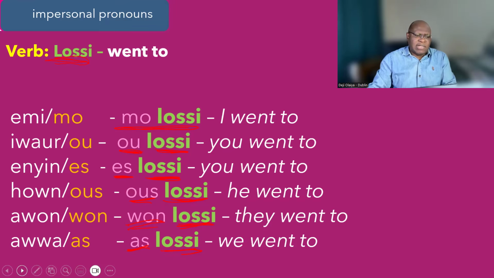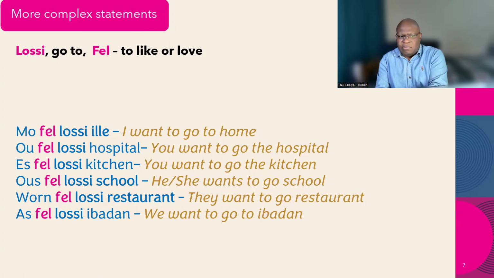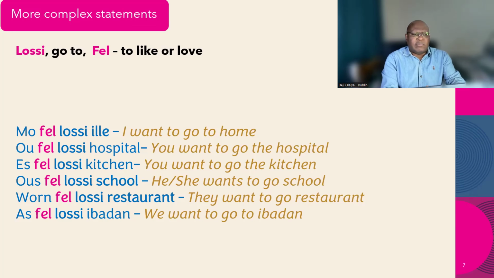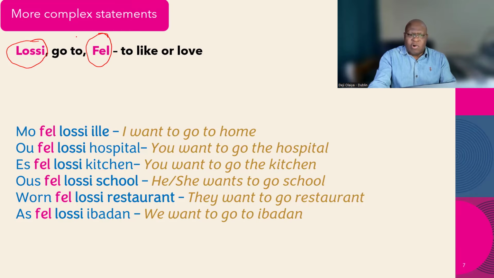So let's go to the next slide. And this time around, let's make a whole statement. The way you make statements in Yoruba is you start with a pronoun, then you use the verb in the middle, and then you add a noun. We are going to use two verbs: lọ sí, to go to, and fẹ́, to like or to love, to admire, to want to.